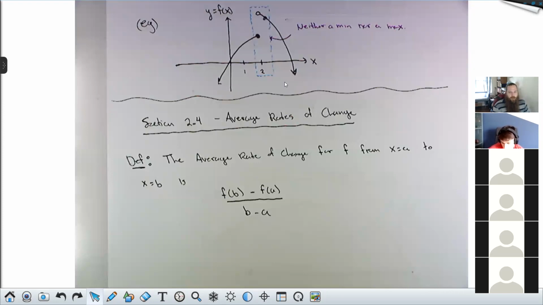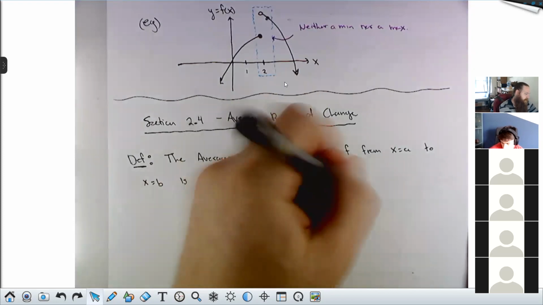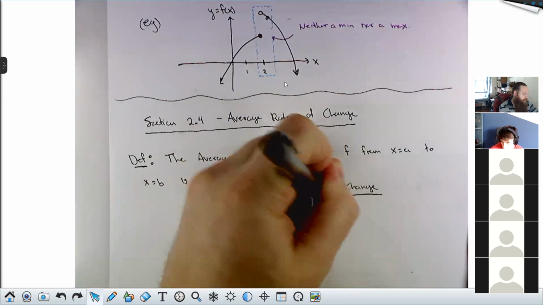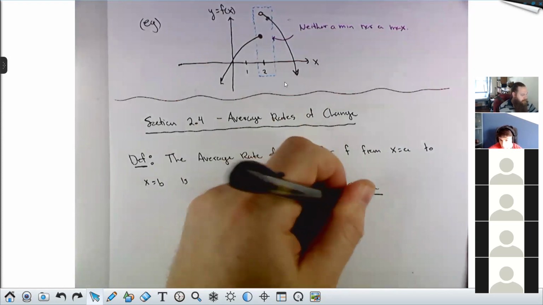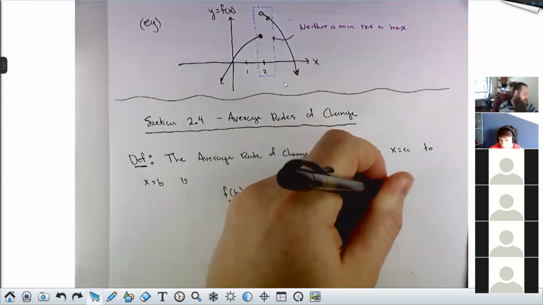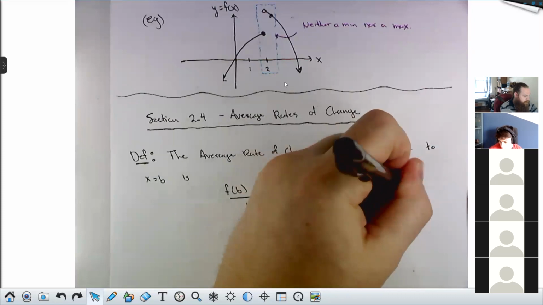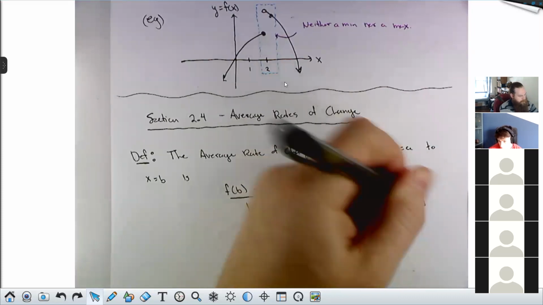This is the average rate of change. And one way to think of it is as the net change, from last time. Remember, we defined net change divided by the length of the interval. Right, the interval from A to B is B minus A, length of the interval AB.